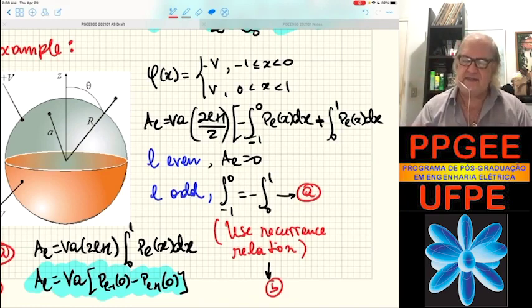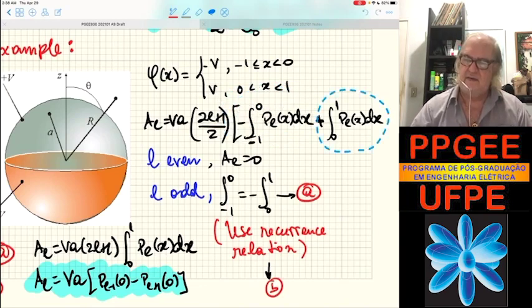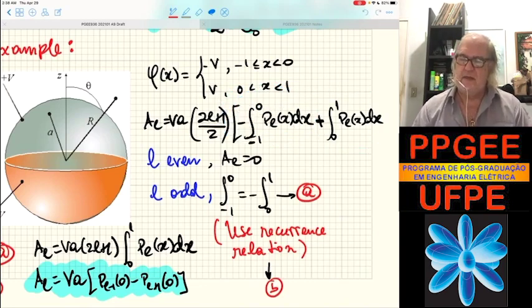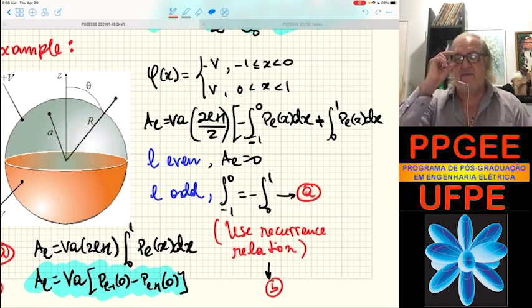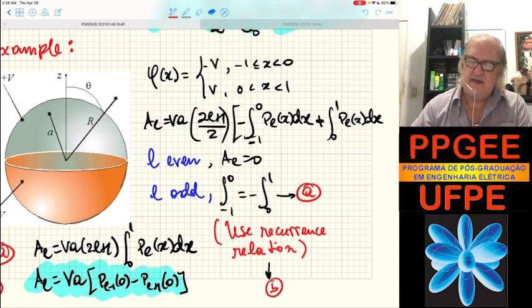Parameter in terms of x. So we have to break the integral in two. One is negative. The other one is positive. So we have the parity of the function. If L is even, for L even, this term cancels that one.